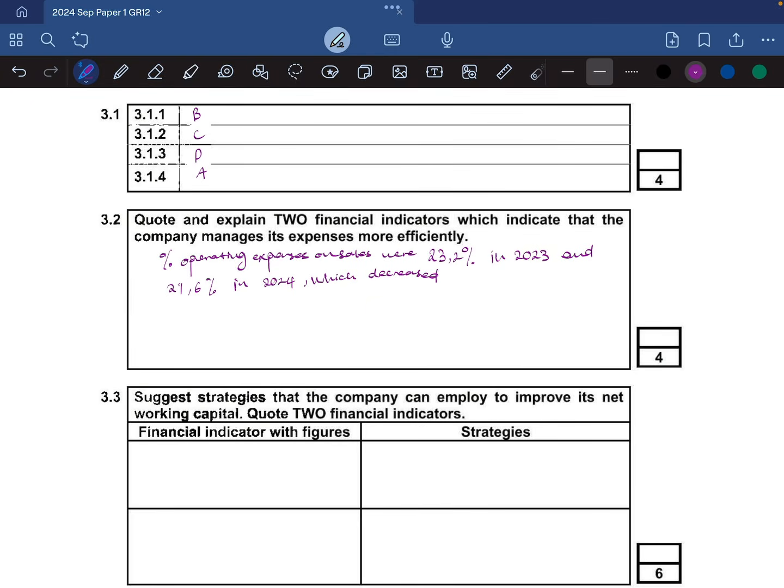Okay, now we're going to mention the difference, which decreased by, so it's 23.2 minus 21.6, and that's 1.6%.